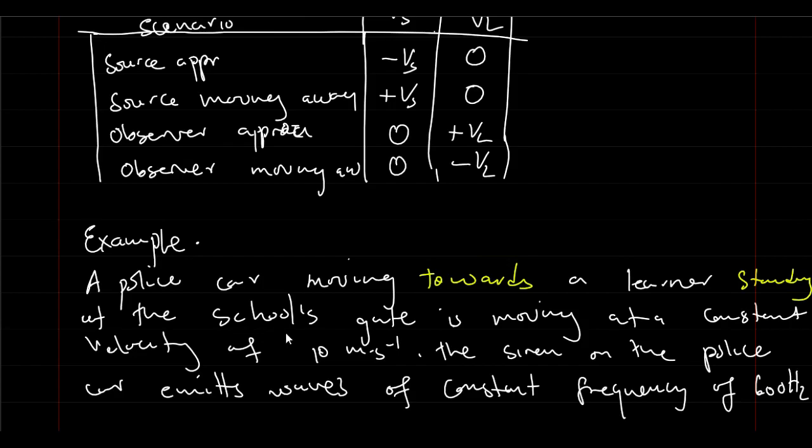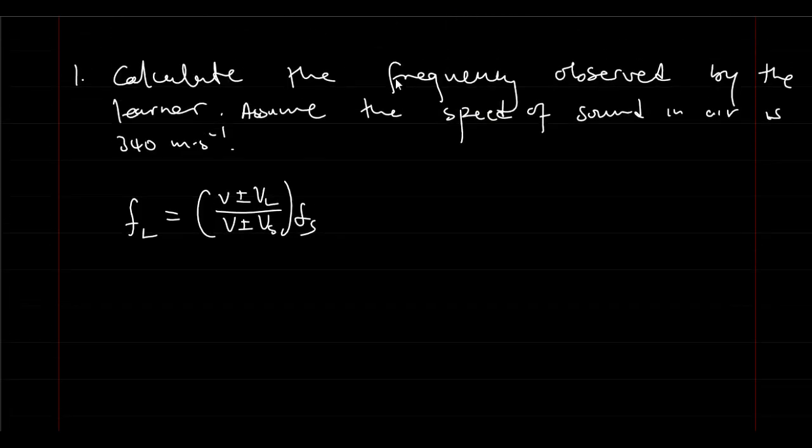Okay, and another information, constant velocity of the sound source of 10 meters per second, and frequency of the sound source 600 hertz. Okay, so we must identify the information that we have. Data.